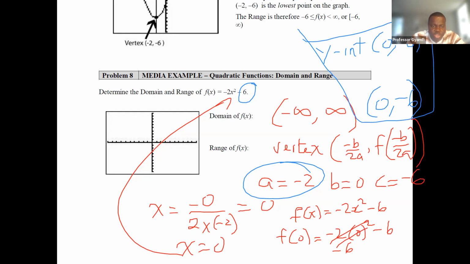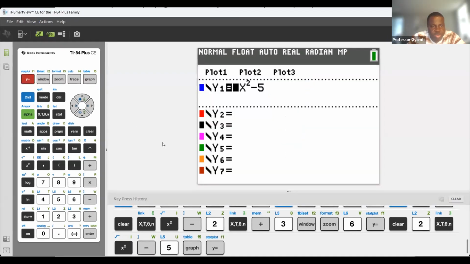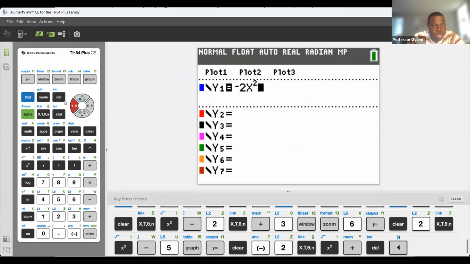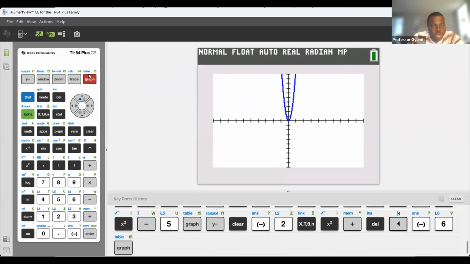Now, to draw the graph, I would quickly go to the calculator and see what I'm going to come up with. So y equals, I'm going to erase this, and then I'm going to do negative 2x squared minus 6. And then I'm going to graph. Look at what I have.